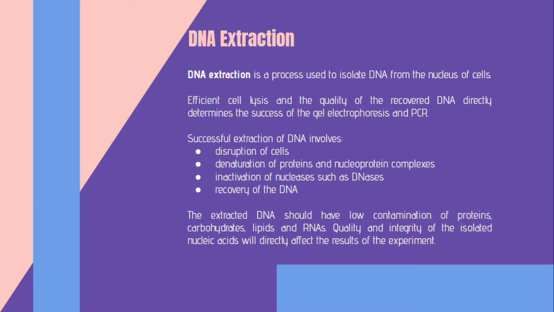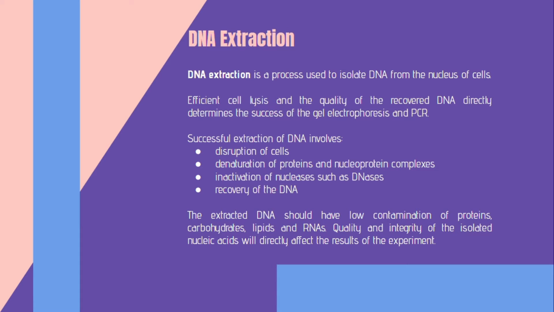DNA extraction is also one of the lab procedures done in genetic engineering. So what is DNA extraction? DNA extraction is mainly done to isolate the DNA from the nucleus of the cell. The success of gel electrophoresis and PCR is determined by efficient cell lysis and also the quality of the recovered DNA.